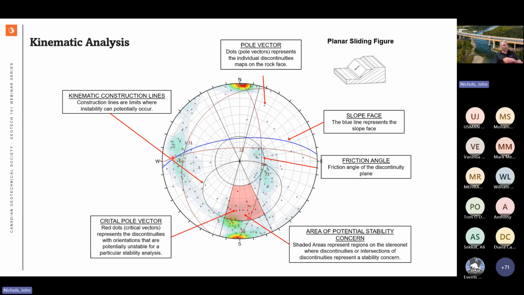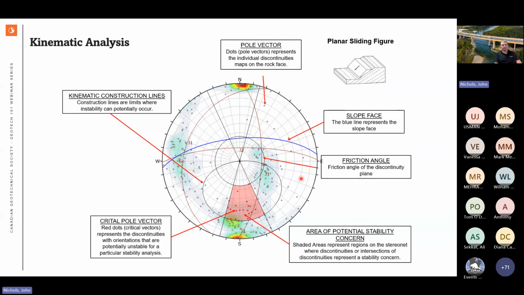We've grouped them and they're labeled as well. In general, there's not a joint set present in this orientation. This blue is the slope face. There are, however, some joint sets present, and you can see just at the edge of this numbered joint set, we just missed this joint set. Ideally, you want to avoid any of your discontinuity planes intersecting this critical area.